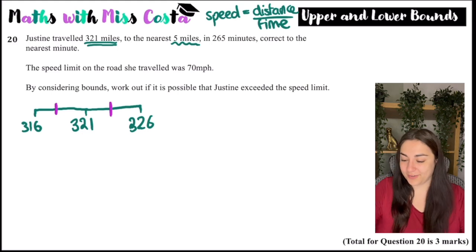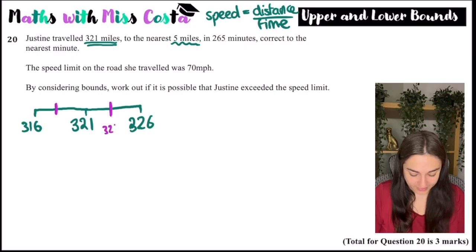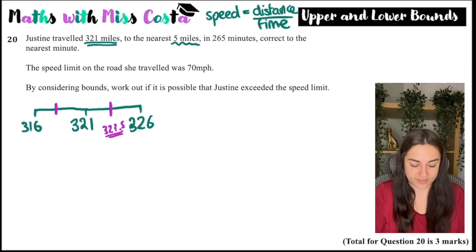So 321 plus 2.5 is 323.5, the maximum value that she could have travelled. And 321 take away 2.5 is 318.5.